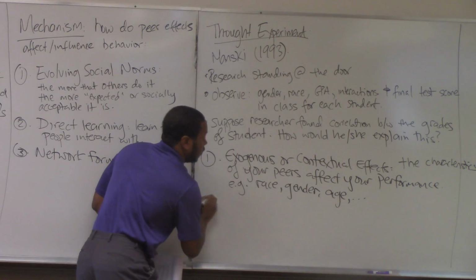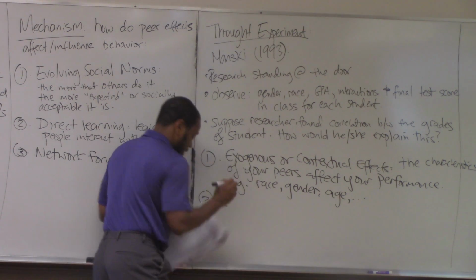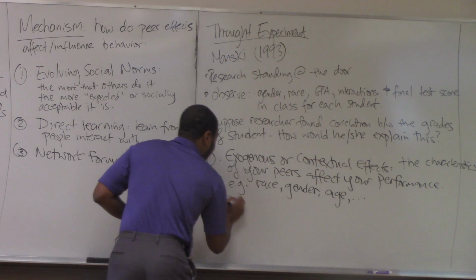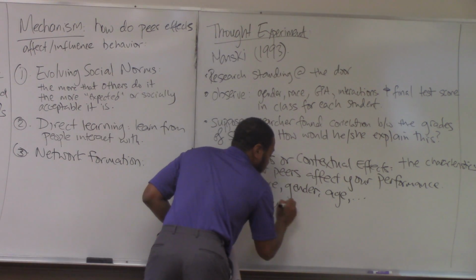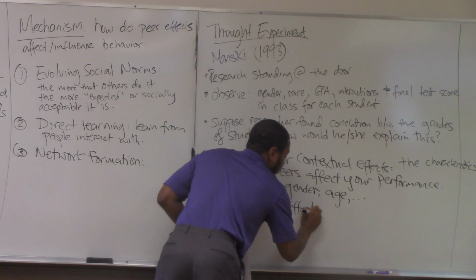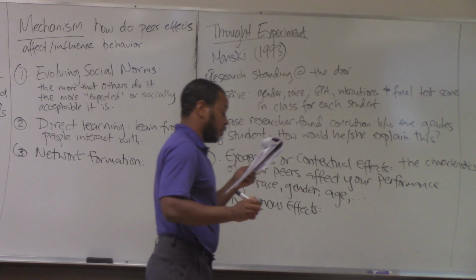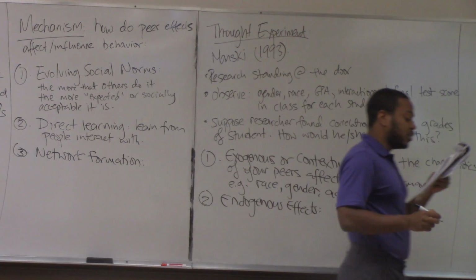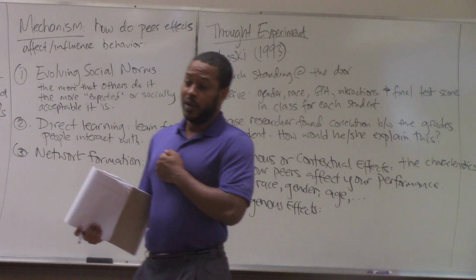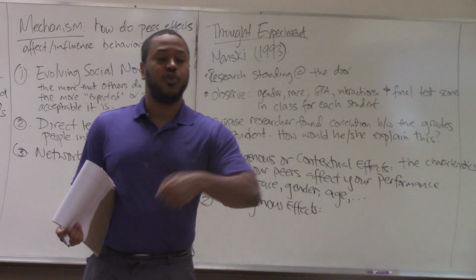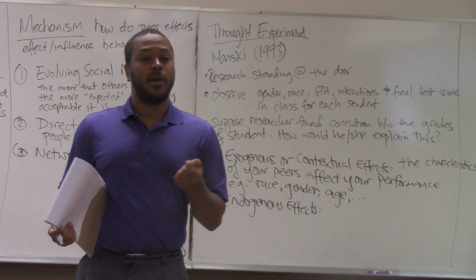Okay. The second is going to be what's called endogenous effects. Essentially, this is like a feedback loop, right? My performance is going to affect that person's performance, but their performance is also going to be affected by my performance too.